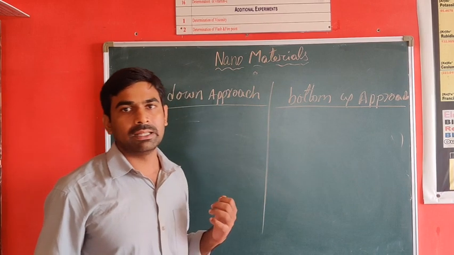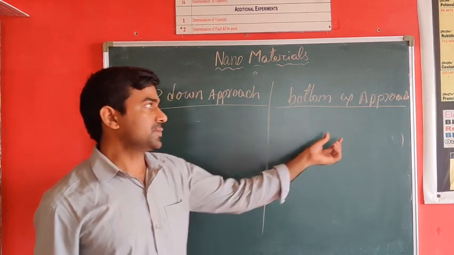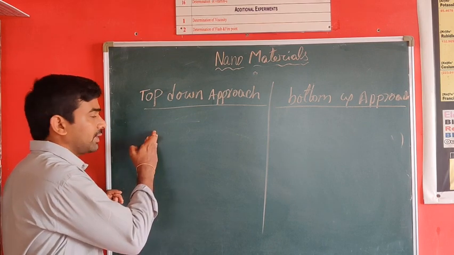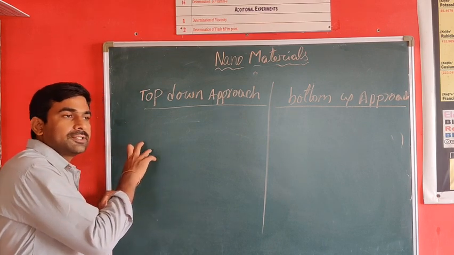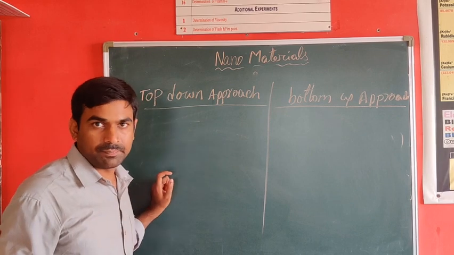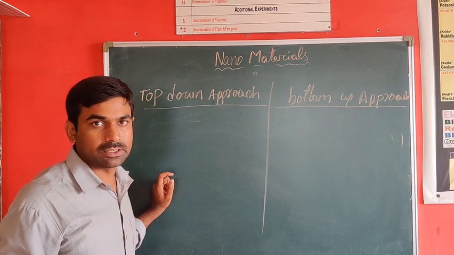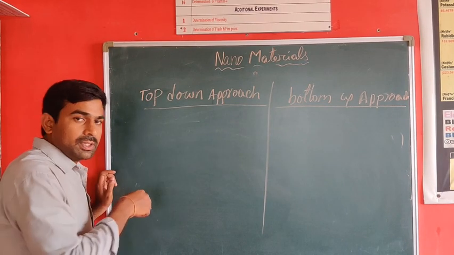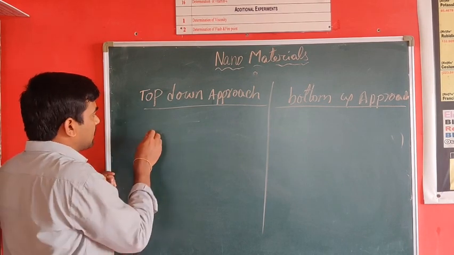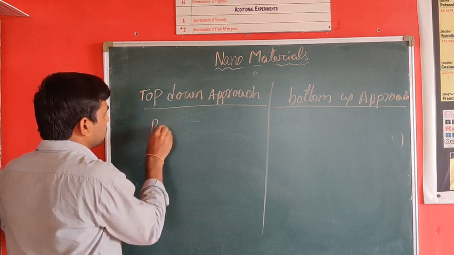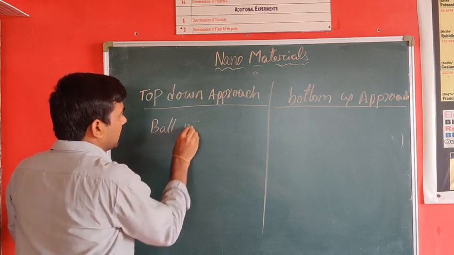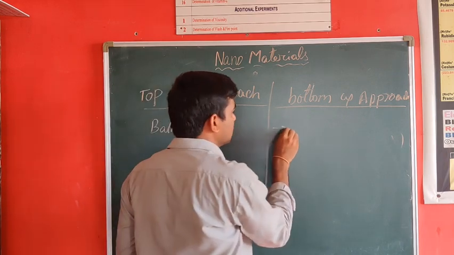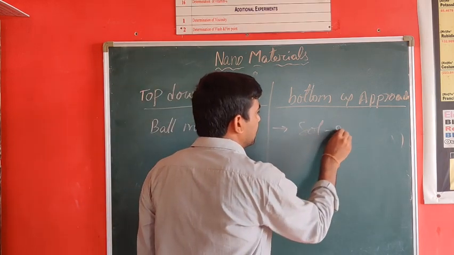An example of the top-down approach is ball milling. An example of the bottom-up approach is the sol-gel method.